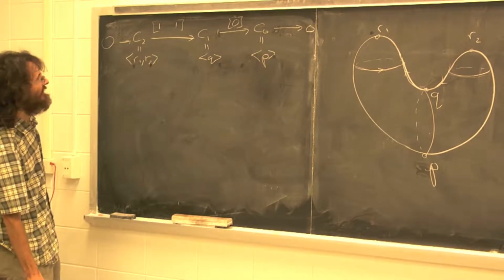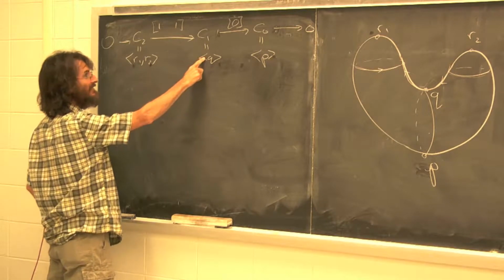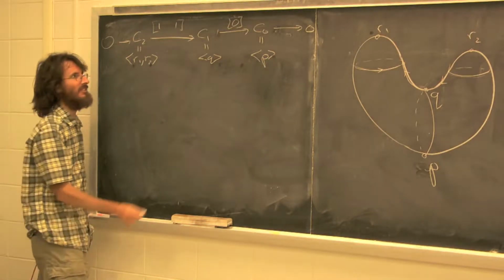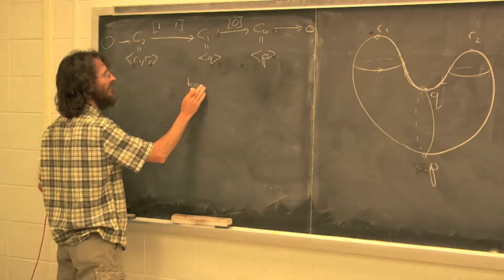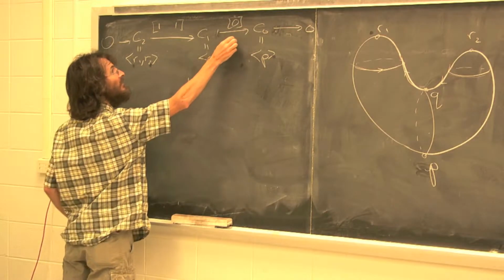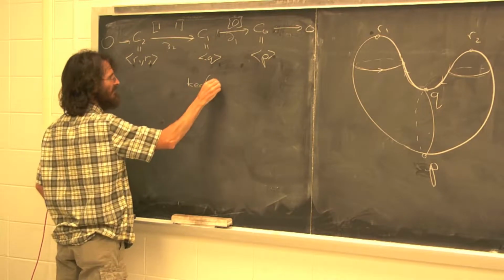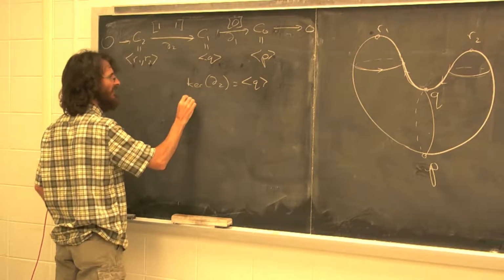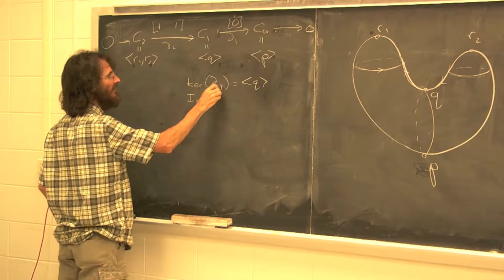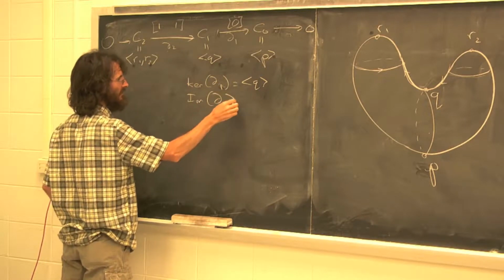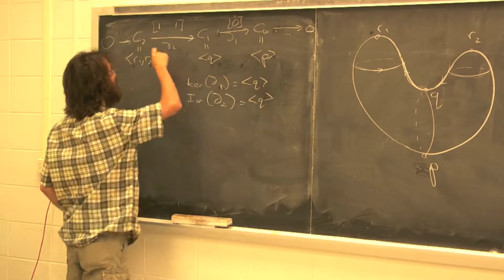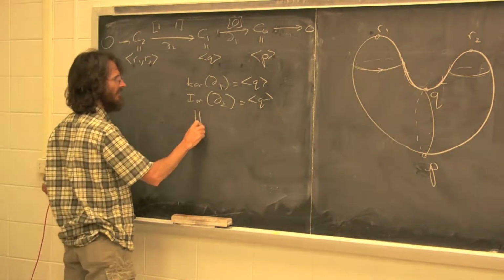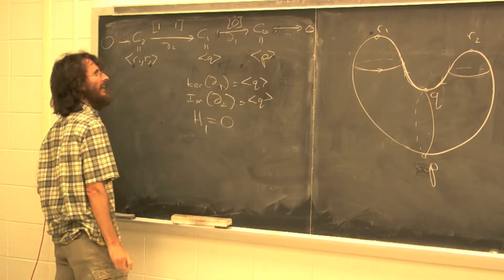The point is that yes, C1 is in the kernel, but it's also in the image, right? So the kernel of boundary 1 is generated by Q, it's the whole thing, but the image of boundary 2 is also Q, because each one of those maps to Q.